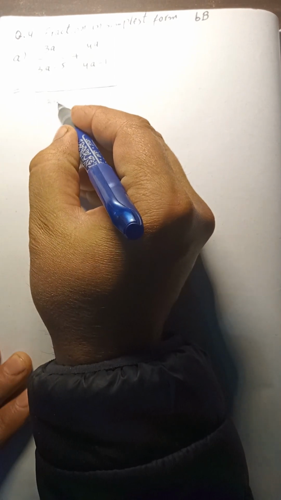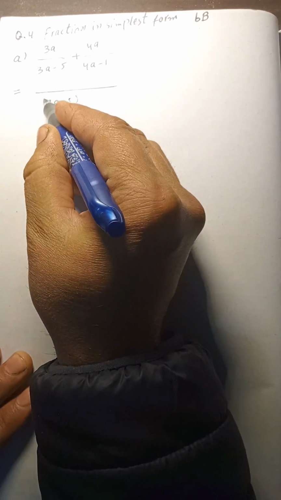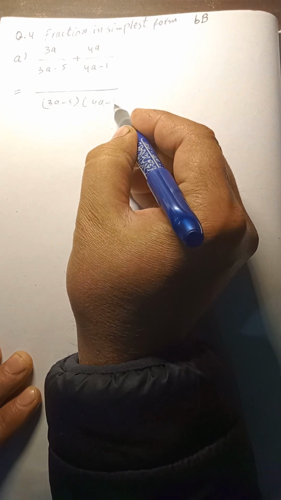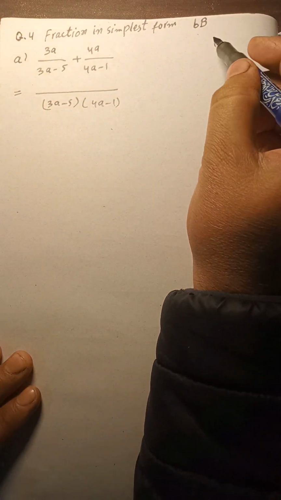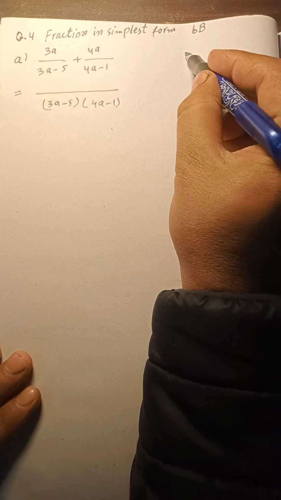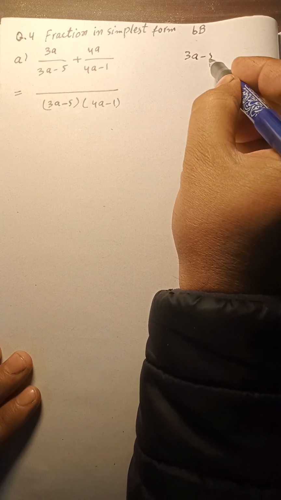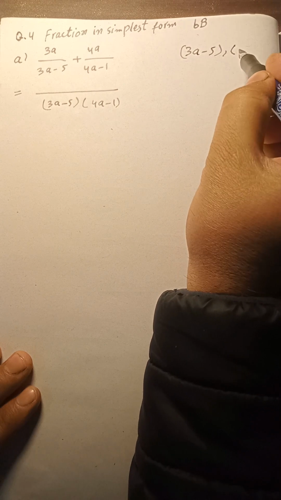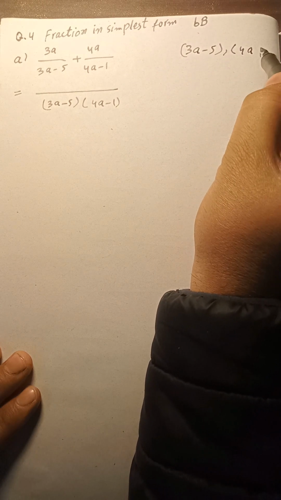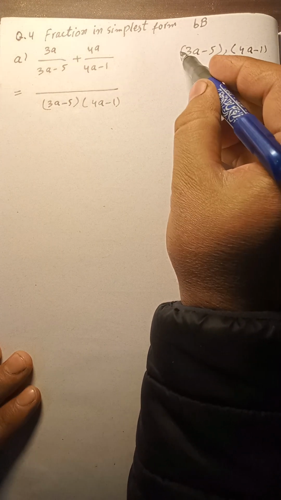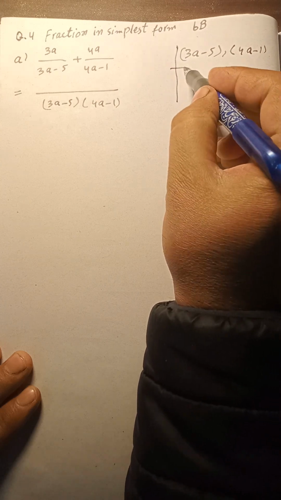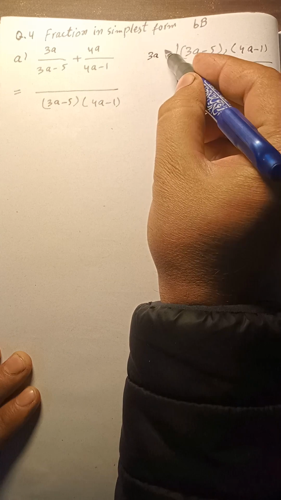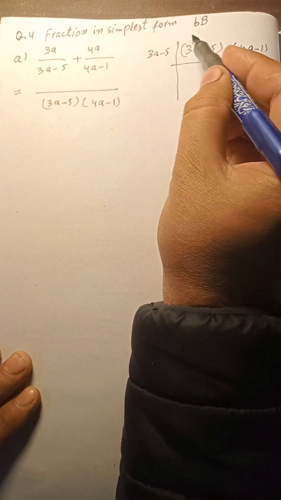like that: 3a minus 5 and then 4a minus 1. This is our LCM. You know how we take the LCM: if this is one term and this is another term of the second denominator, and we want to find its LCM like this, we will divide by 3a minus 5.